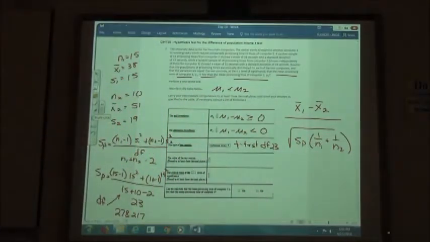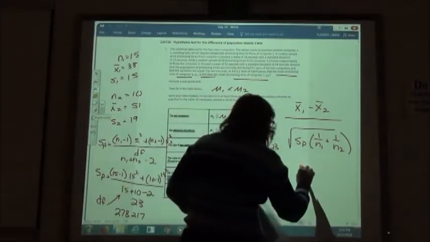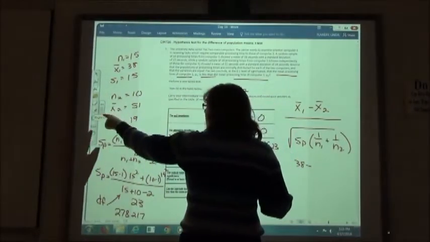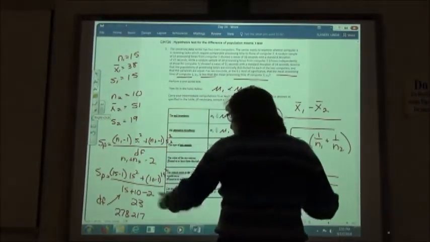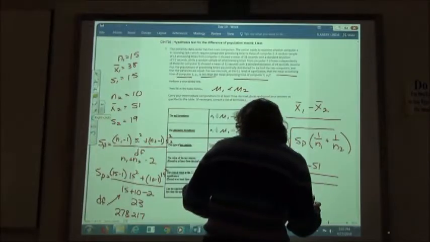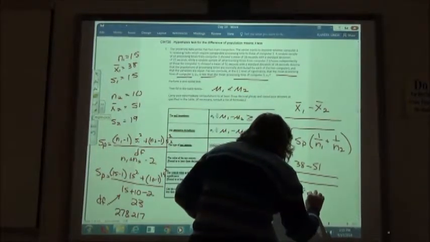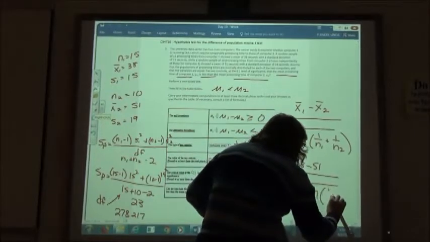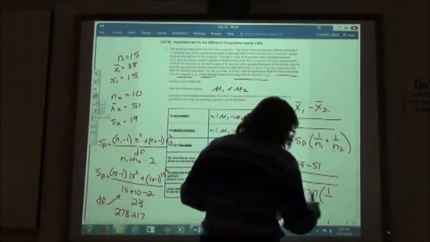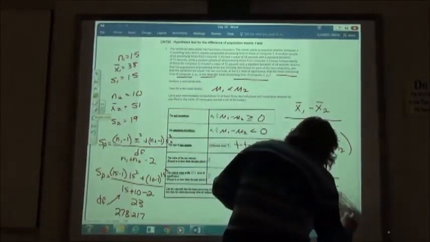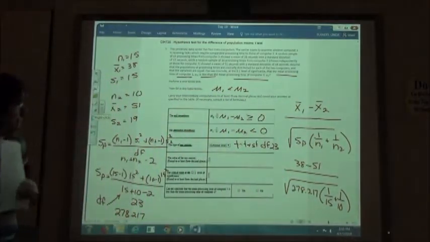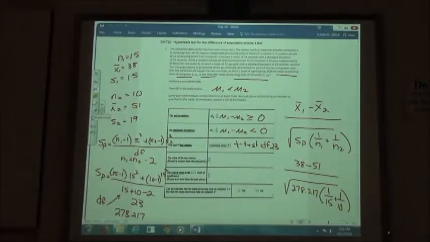It looks a lot like the confidence interval formula, except you're dividing instead of subtracting. So the mean of the first one would be 38, minus the mean of the second one, which was 51, over the square root of the number we got over here, 278.217, times 1 over N1, which is 15, plus 1 over N2, which is 10. Again, all that goes under the square root when you type that in.